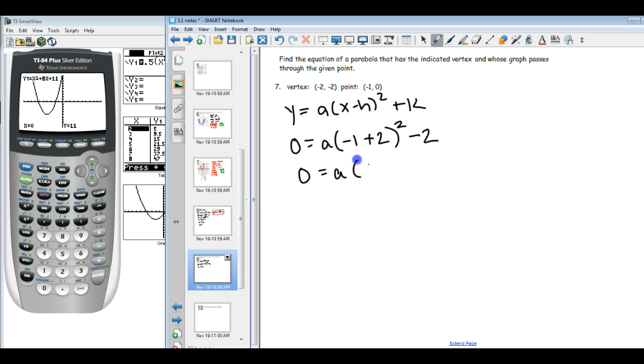So we end up with 1 squared times a minus 2. So the stretch factor is 2. And the equation is y equals 2 times (x plus 2) quantity squared minus 2.